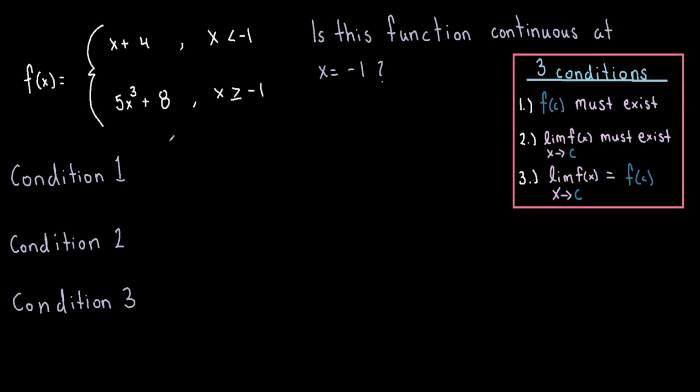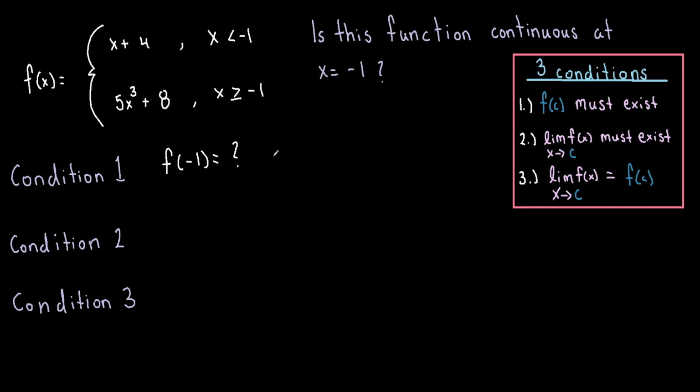In this problem, we are asked if this function is continuous at x equals -1. And like we did for the last two problems, in order to say that this function is continuous at x equals -1, all three conditions must be met. So let's look at our first condition. Does f of -1 exist?